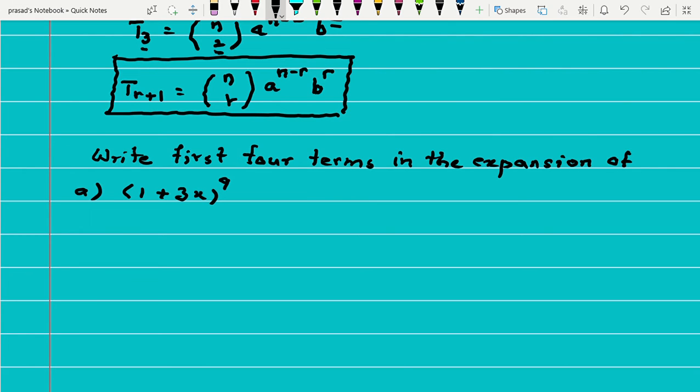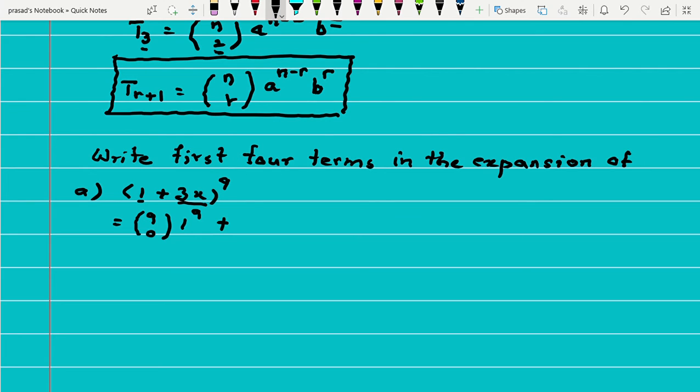So, the first coefficient will be 9C0. Now here your A is 1 and B is 3x. So 1 will have full power, 1 to power 9.